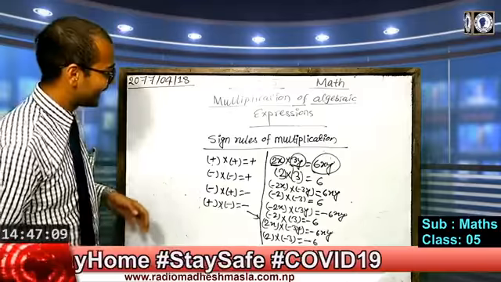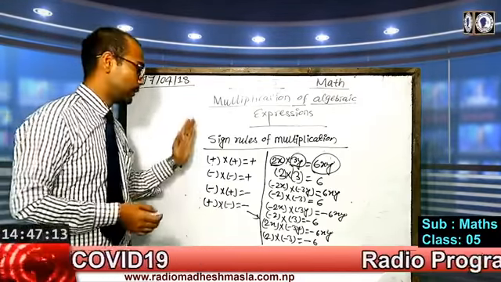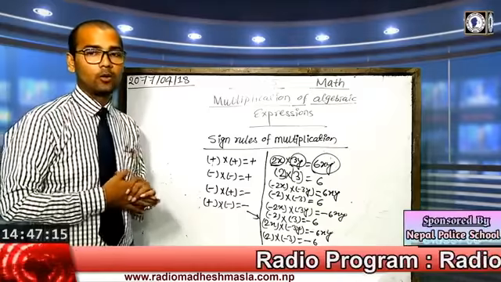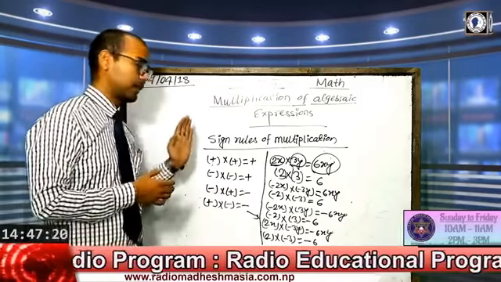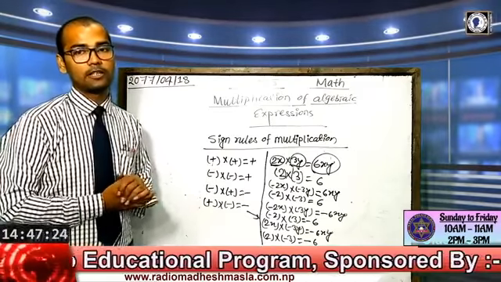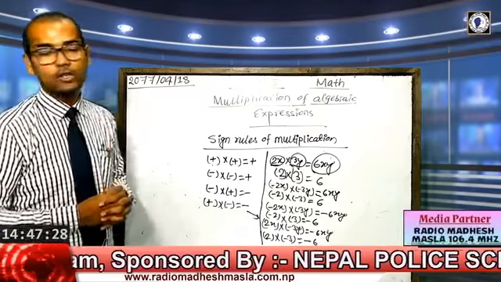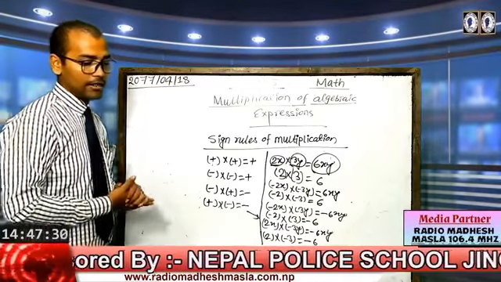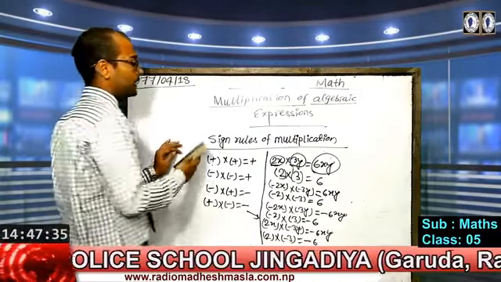Okay, so after this, I hope you understood these sign rules, and you can follow these multiplication sign rules while multiplying different numbers or expressions. Okay, now we are going to talk about multiplication of monomial expressions.